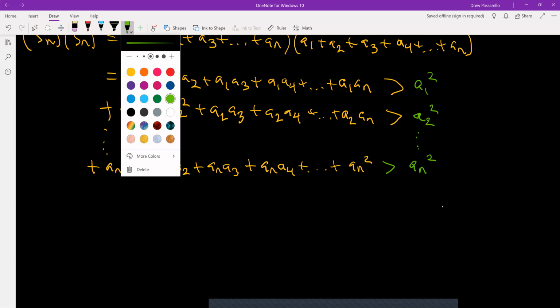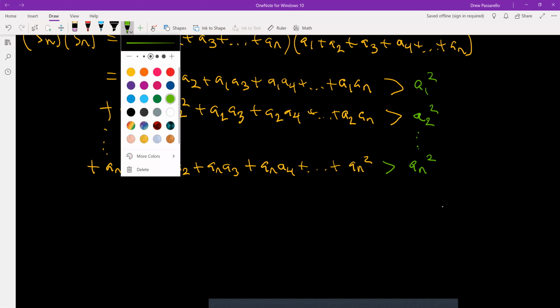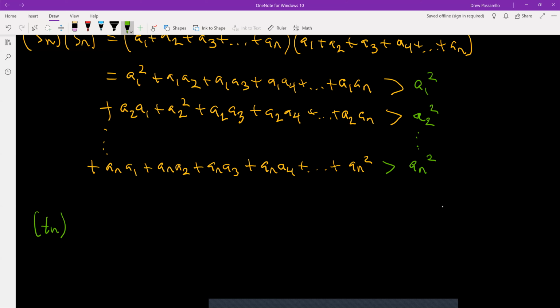And so what we've shown here is that all of the terms from Tn, all of those is less than Sn squared.